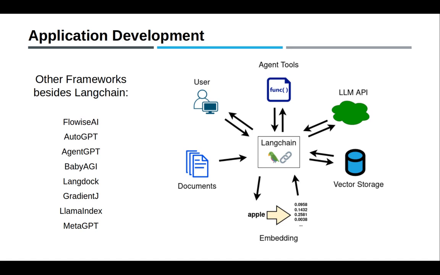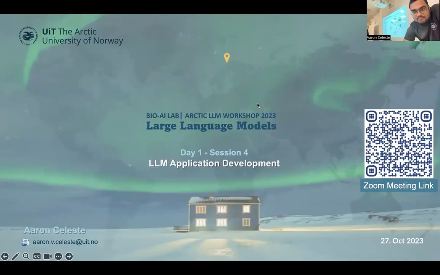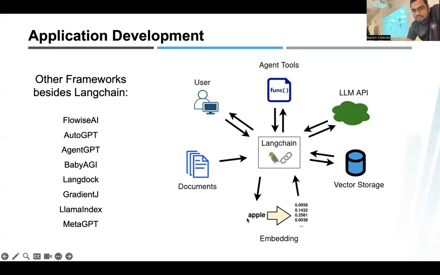If you want to ask a large language model about some private documents or something, then that's this documents going into Langchain. So the embedding, as we saw earlier with the past presentations, this is vectorizing text.